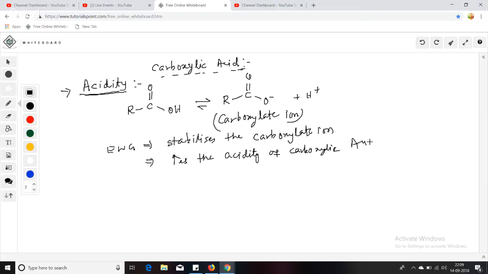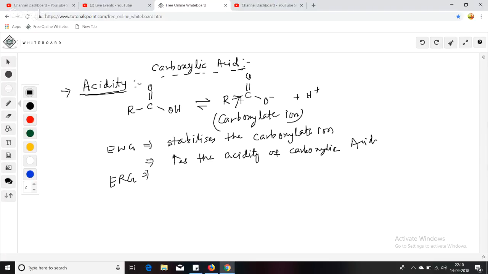Electron releasing group is just the reverse of this. Any electron releasing group, if you have, the negative charge density increases, stability decreases, and hence acidity decreases.